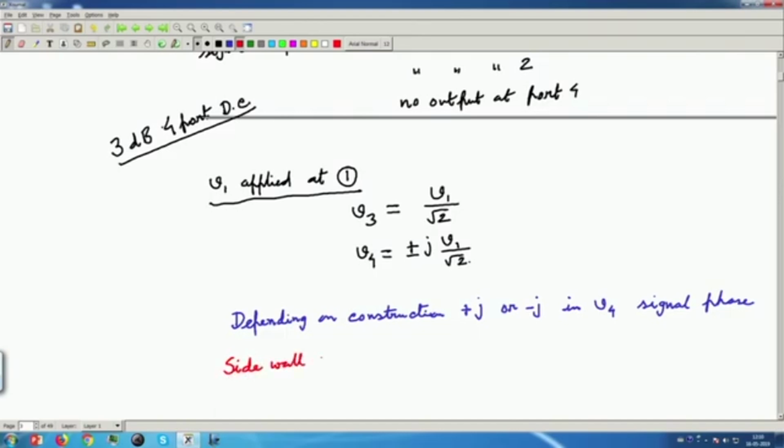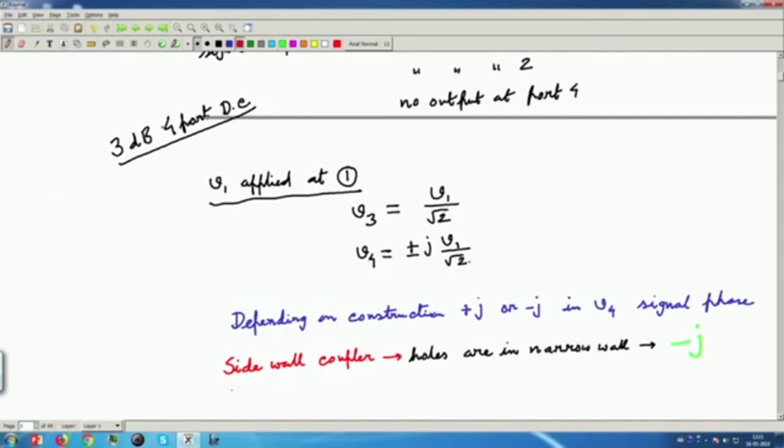Now, the side wall coupler. What is a side wall coupler? That is where holes are in the narrow wall. I have already indicated which is the narrow wall of a waveguide. Then we get minus j.